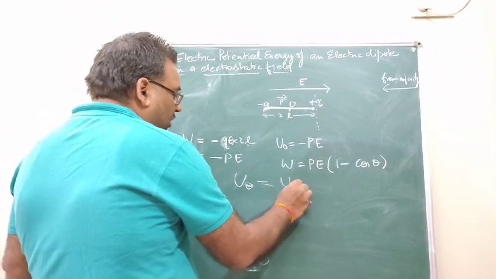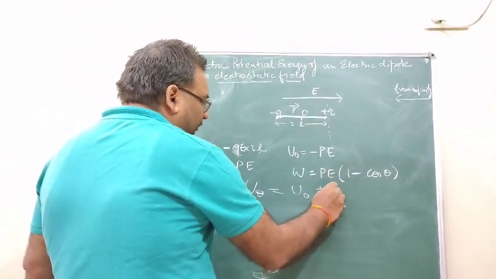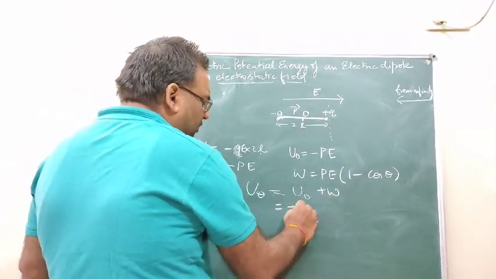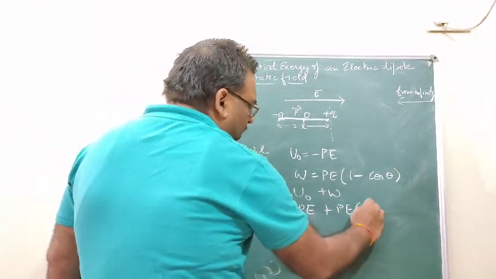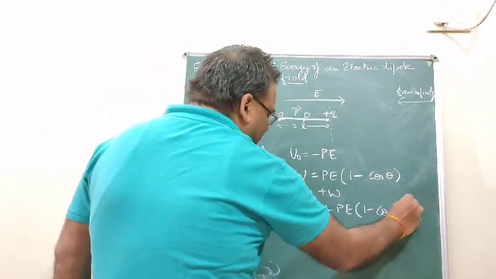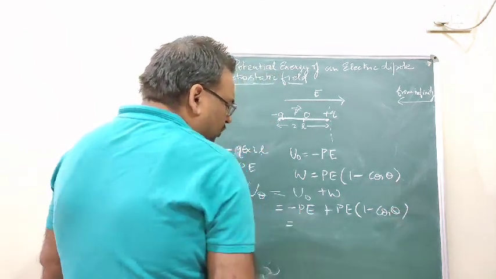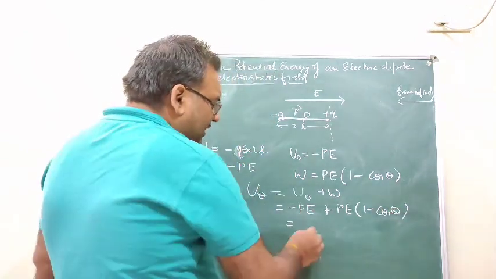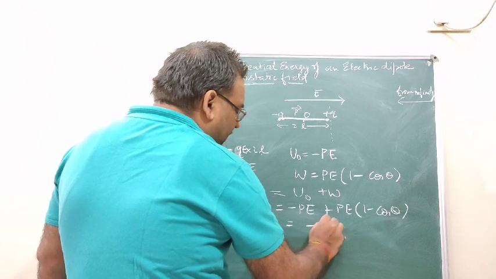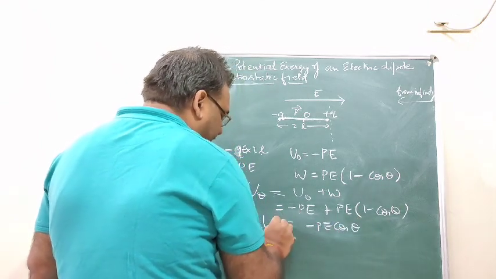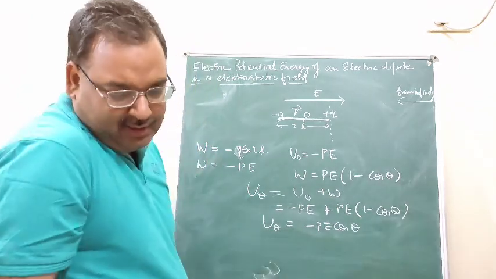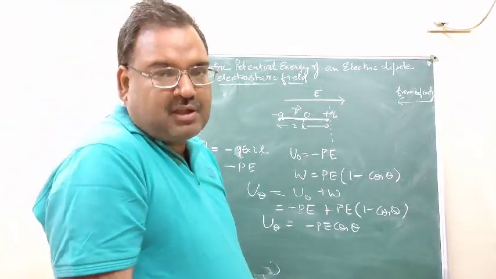So U naught plus W is equal to minus PE plus PE (1 minus cos theta), and that is equal to minus PE cos theta.